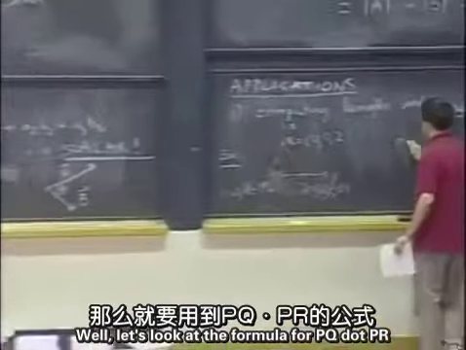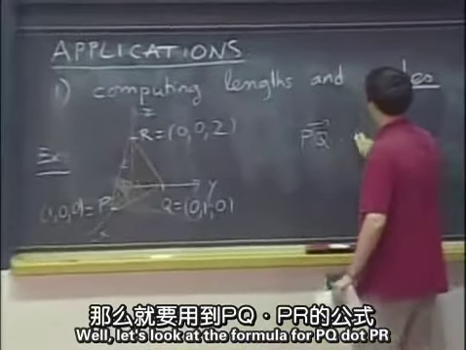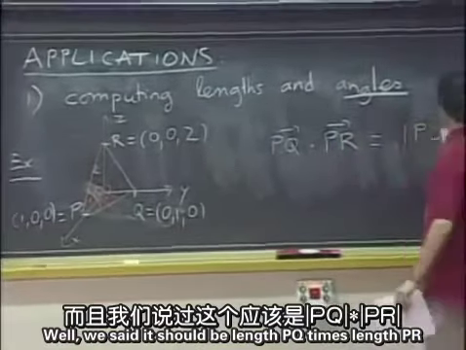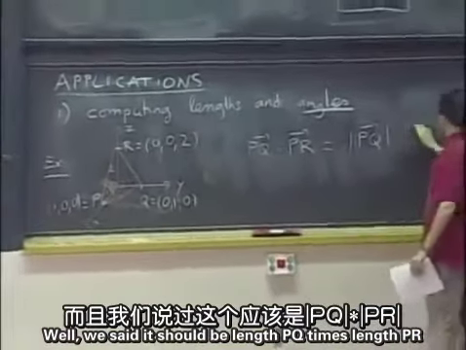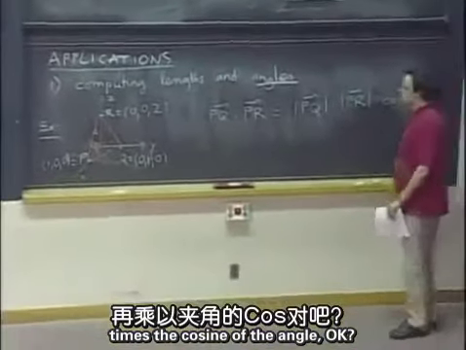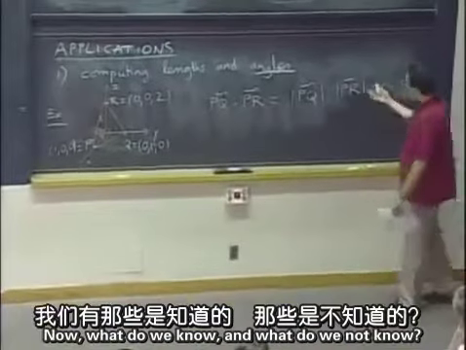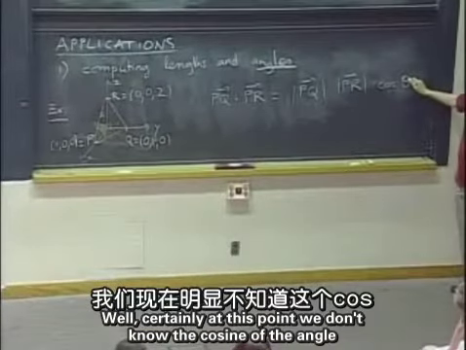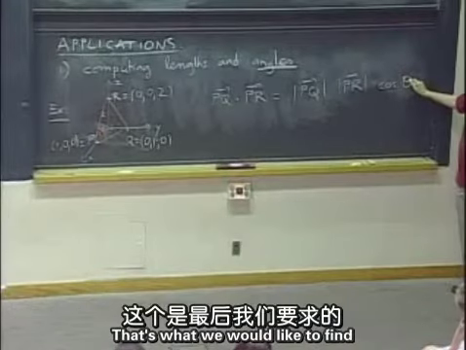Let's look at the formula for PQ dot PR. We said it should be length PQ times length PR times the cosine of the angle. Now, what do we know and what do we not know? Well, certainly at this point we don't know the cosine of the angle. That's what we would like to find.